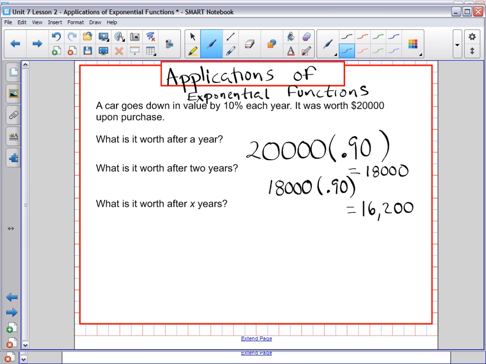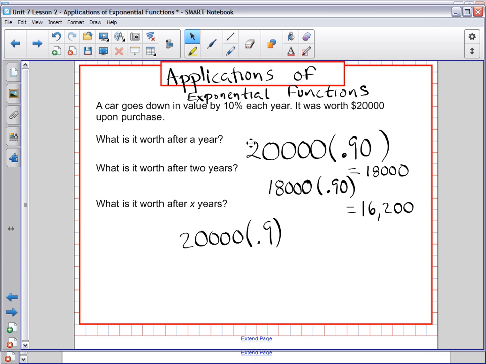Do you notice the pattern that we are doing here? We are going to take our initial value and multiply it by 0.9. After we do that, we're going to multiply that by 0.9 as well. Each successive year would have us multiply by 0.9 again.